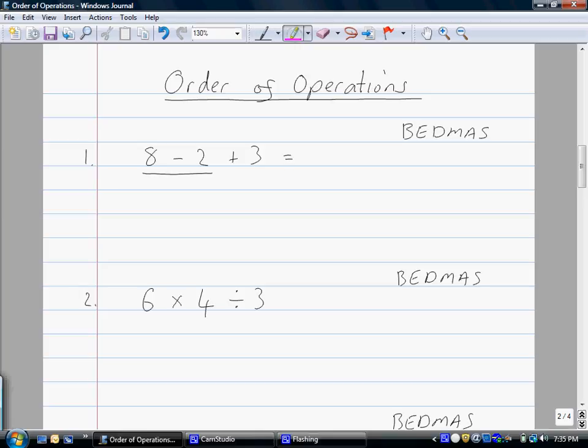And then I just write the whole expression again, but working out the bit that I've underlined. So 8 take away 2 is 6, plus 3. Now I only have one operation to do, 6 plus 3. So my result is 9, and that one's done.